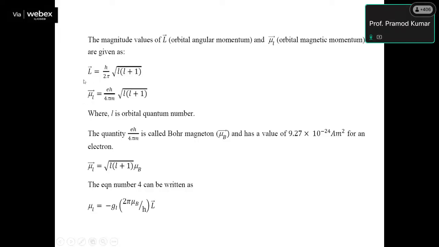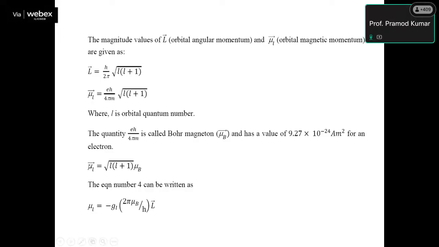So here, this orbital dipole magnetic moment will equal eh/4πm √(L(L+1)), where L is basically the orbital quantum number.